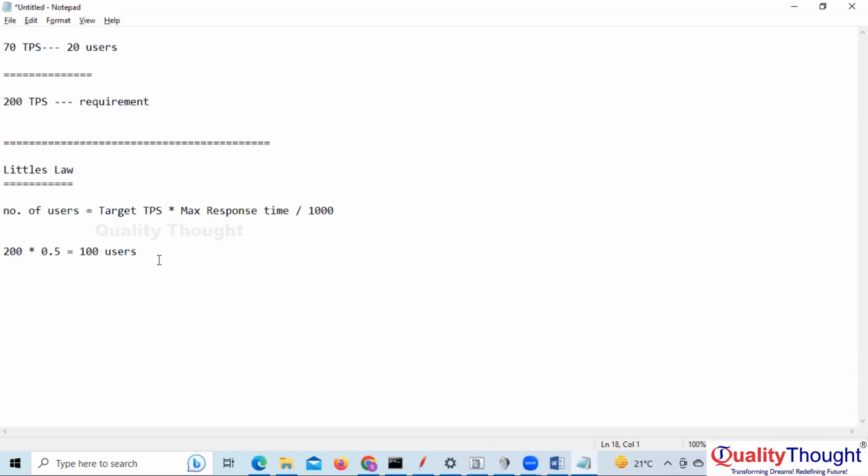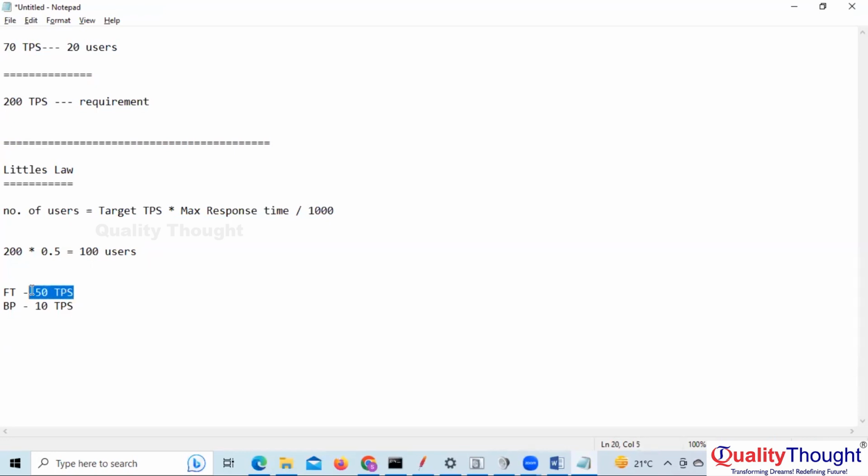Like they'll tell you for fund transfer, you need to achieve 50 TPS, and for bill payment, you need to achieve 10 TPS, like that, right? If they give you that, and if you ask them with how many users, and if they don't have an answer, then you can still go ahead and create the users and try to achieve this throughput. Start with 20 users or 50 users and try to achieve this throughput.